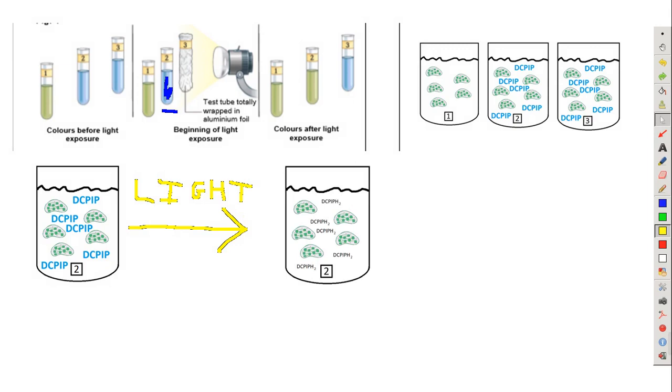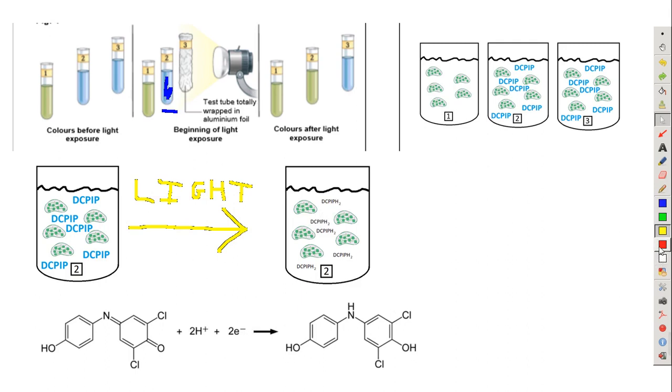So now we can be a bit more precise. We said earlier on that because of light, tube 2 was blue and became green. Now we can be a little bit more scientific. In the presence of light, DCPIP has been reduced to DCPIPH2. That's what we just saw earlier on. So in the presence of light, I'm just going to put a light symbol here, DCPIP, which is here, has been reduced to this molecule here, DCPIPH2. So I'm just going to write them.